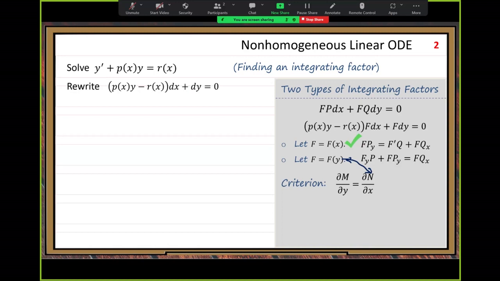This part is not explained in the textbook, so I spent a little more time explaining here. All right, next, after we make our decision, select f as a univariate function of x.